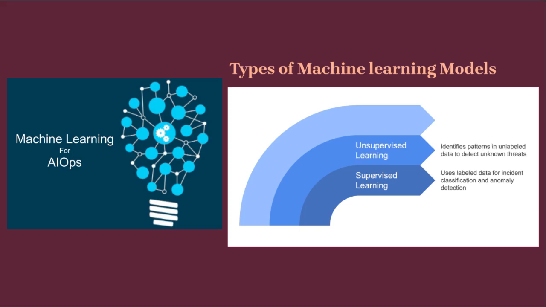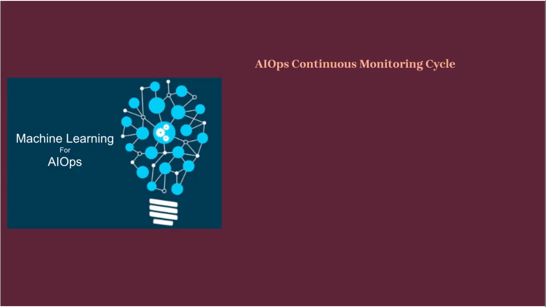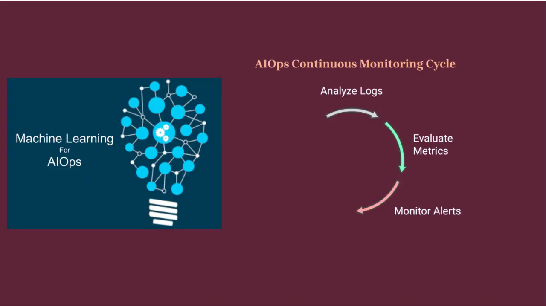Unsupervised learning. This finds patterns in unlabeled data, useful for detecting unknown threats or emerging issues. 3. Reinforcement learning. This helps IT systems learn from past actions and optimize responses to incidents. In AIOps, these models continuously analyze logs, metrics, and alerts to detect unusual behaviors and trigger automated responses.